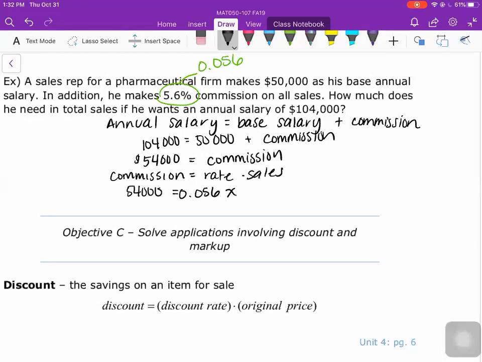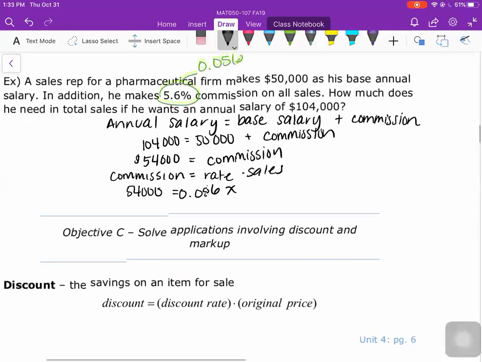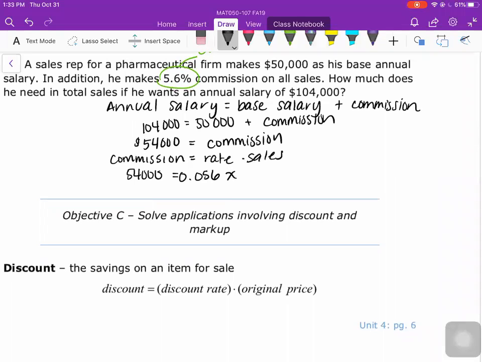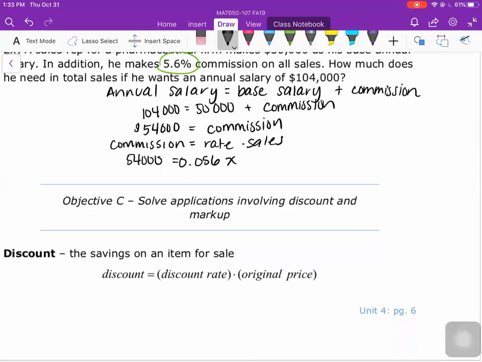And we don't know how much he needs to sell. That's what we're trying to find, right? We're basically setting a goal for this individual in terms of sales to ensure he makes the income that he wants to. How do we solve for X? Divide by 0.056.